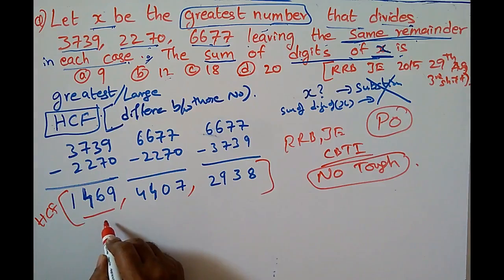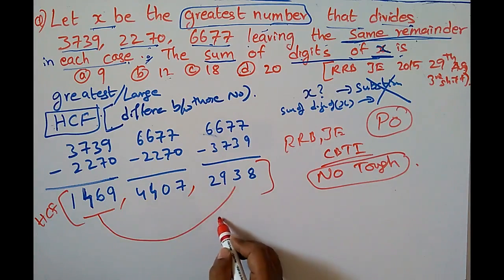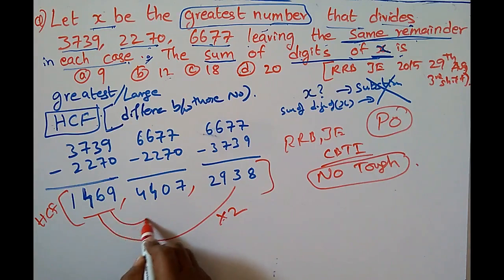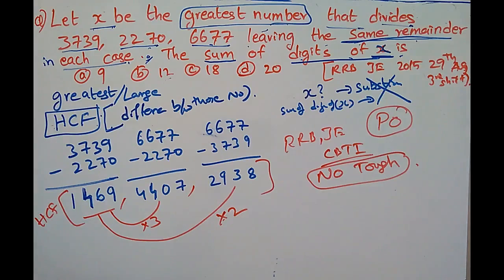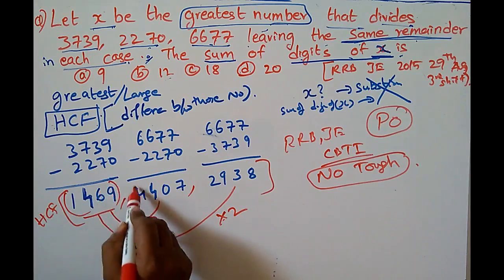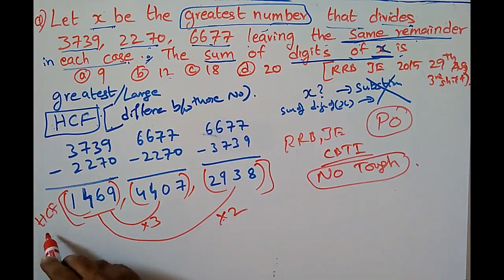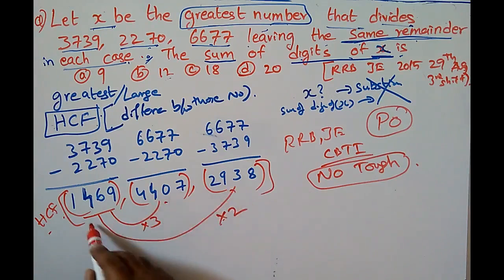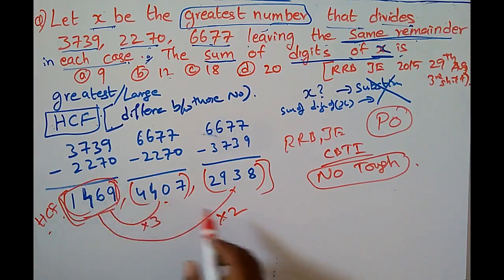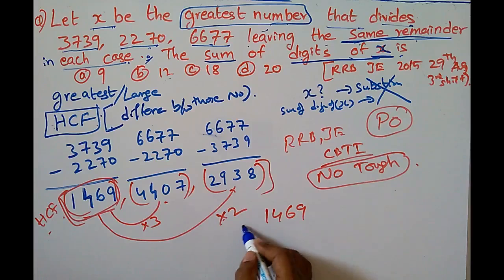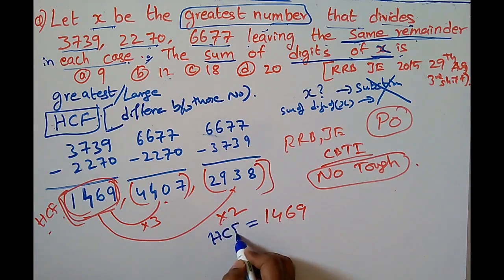This is 2 times 1469, and this is 3 times 1469. Am I right friends? So here the HCF of these three numbers is the first number. 1469 is the HCF.